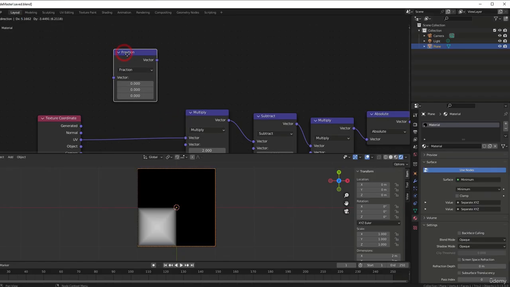And what it does is that if a value comes in here, you get the decimal rest out here. So if I put in 0.5, you get out 0.5. But if I put in 1.5, you still get out 0.5. And if I put in 1.3, you get out 0.3.